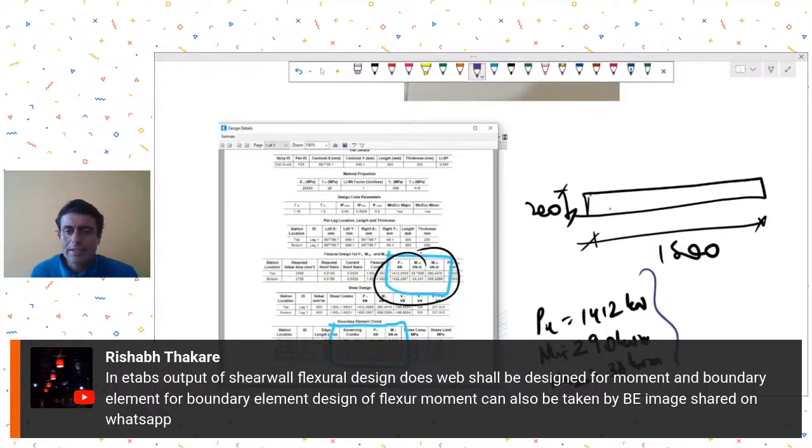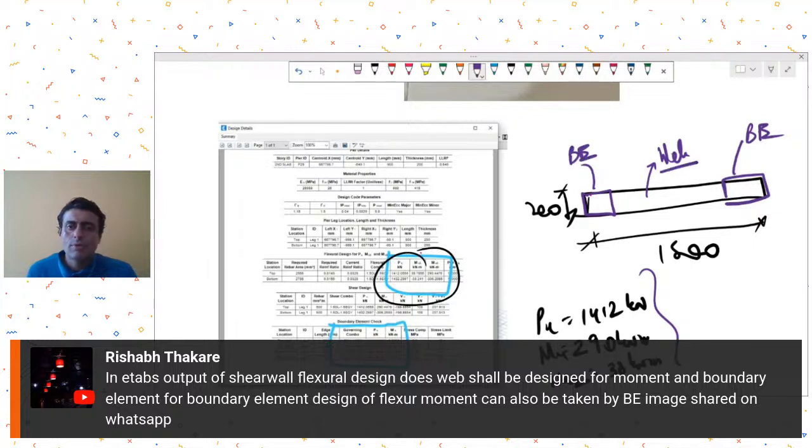Now let's say you are going to provide boundary elements. See, this ETABS design of shear walls is slightly problematic because ETABS does not consider the boundary elements and other things properly. So what you do is do like this. Now this is the web portion. This is the boundary element portion.